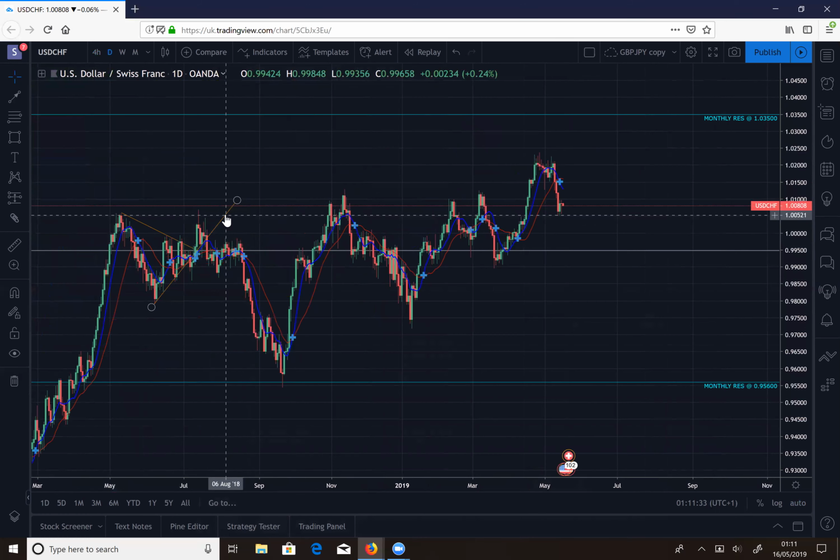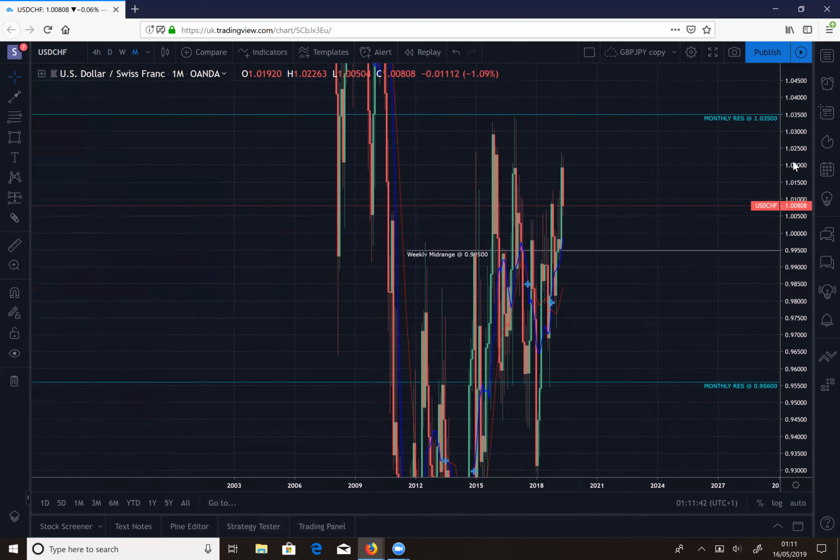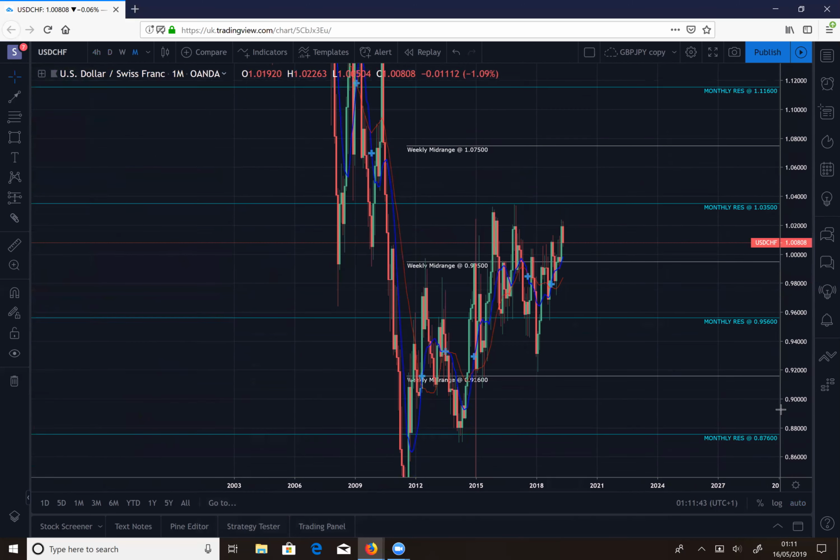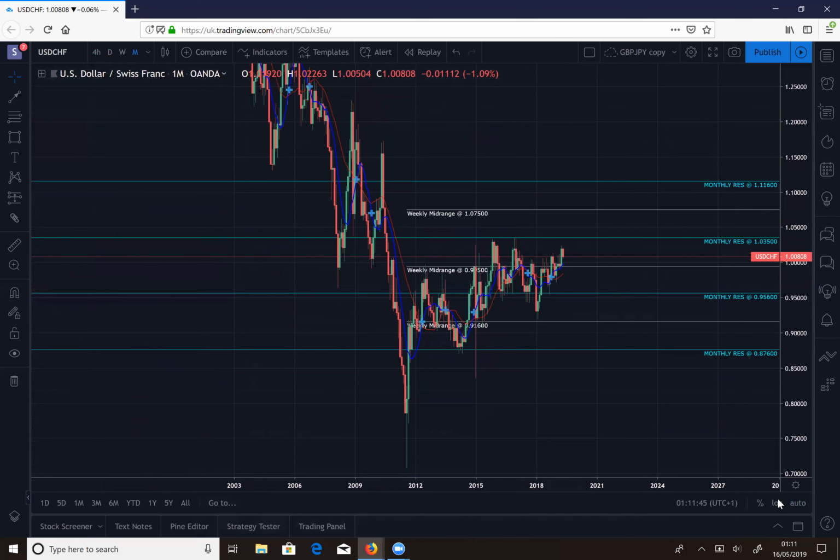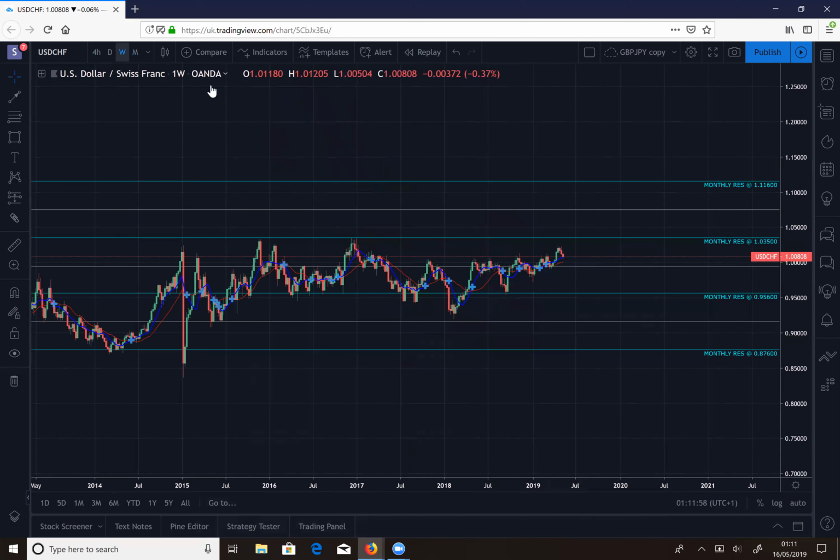So it's a bit annoying that I have to keep going back to it, but at least it has my monthlies and weeklies in. So you can see that, yes, guys, monthlies and weeklies across most of the chart was something that I did every time. But, you know, as time goes, you kind of just change how you go about things.